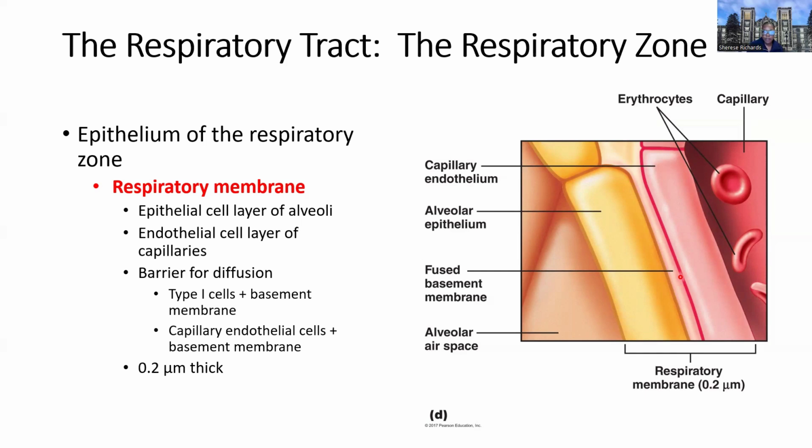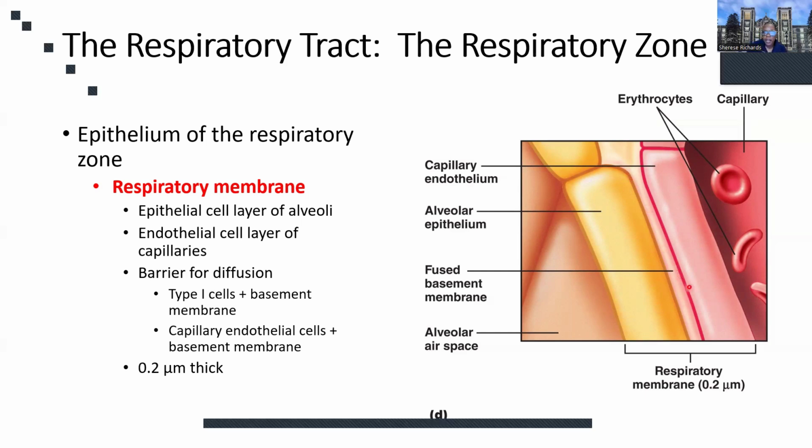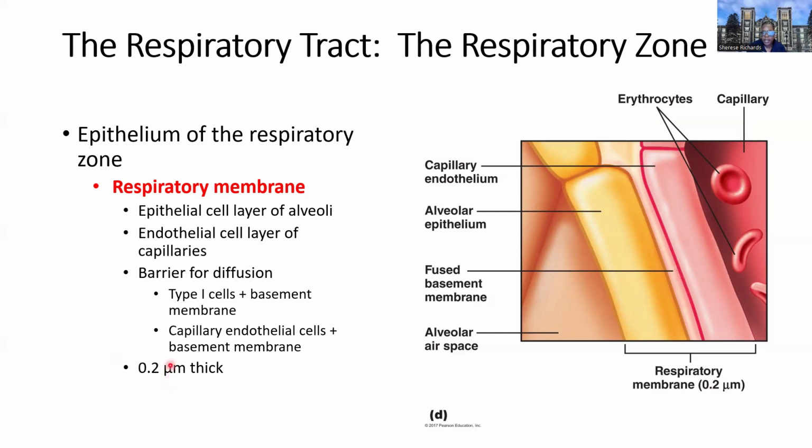So in terms of the structures that make the respiratory membrane: the alveolar epithelial cell, the pulmonary capillary endothelial cell, and then the fused basement membrane of both of those structures. And again, very, very thin, about 0.2 micrometers in terms of its diameter. So it's perfect for gas exchange.